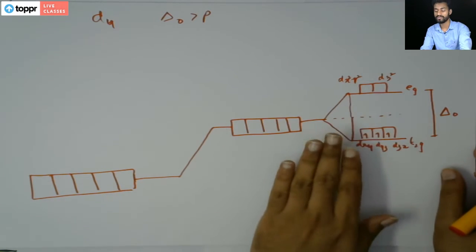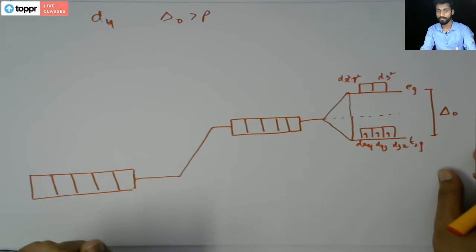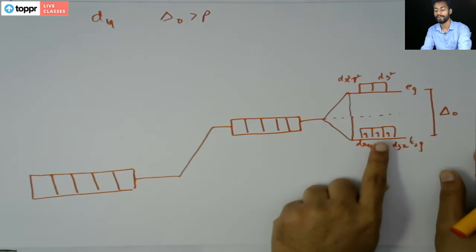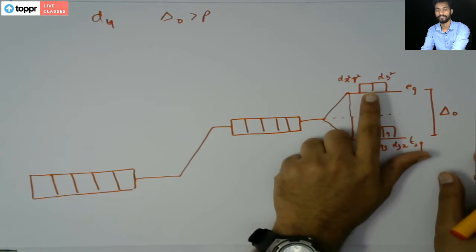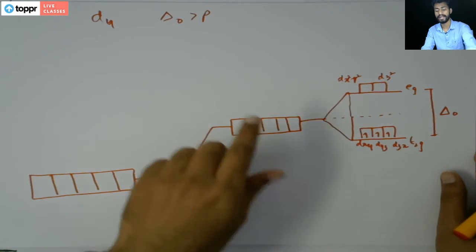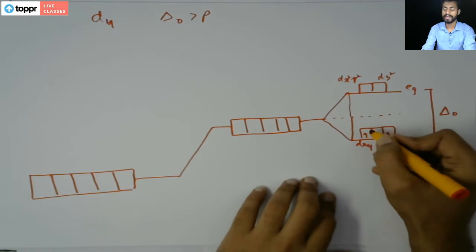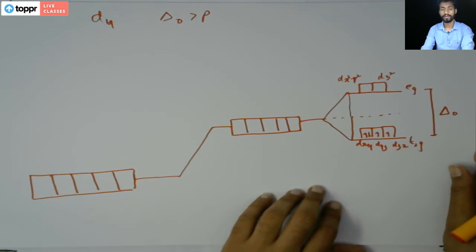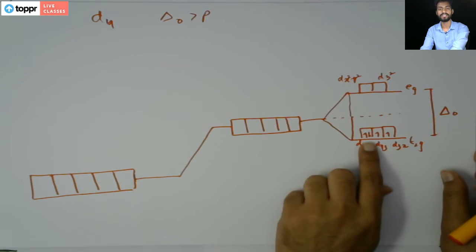Combining all of them, first we are singly filling all the orbitals. Now we have one more electron, and that will depend on delta O and P, whether we need to fill it here only or fill the next level. So if delta O is greater than pairing energy, in that case we'll take it to this position. Cool? Is it clear to you all? So we have filled the orbitals here.